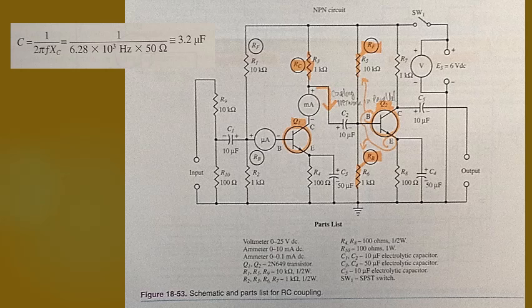To prove the point, assume Q2 input impedance is 500 ohms. XC would need to be 50 ohms or less at 1000 Hz frequency. This is shown in the formula on the screen, where C equals 1 divided by 2 pi times frequency times XC, which in this case, plug in the values, 1 divided by 6.28 times 10 to the third power hertz times 50 ohms, gives us more or less 3.2 microfarads.